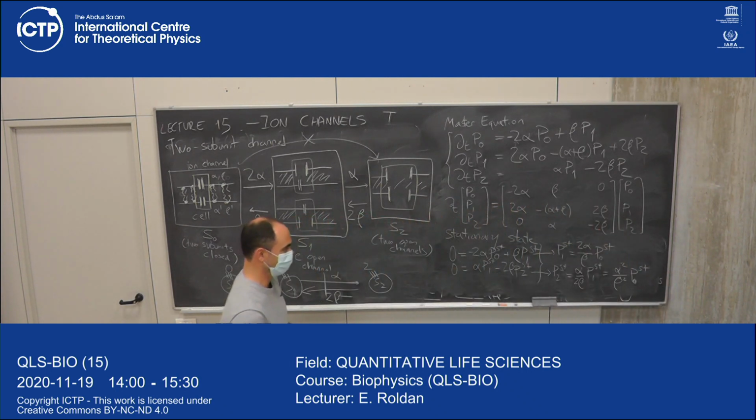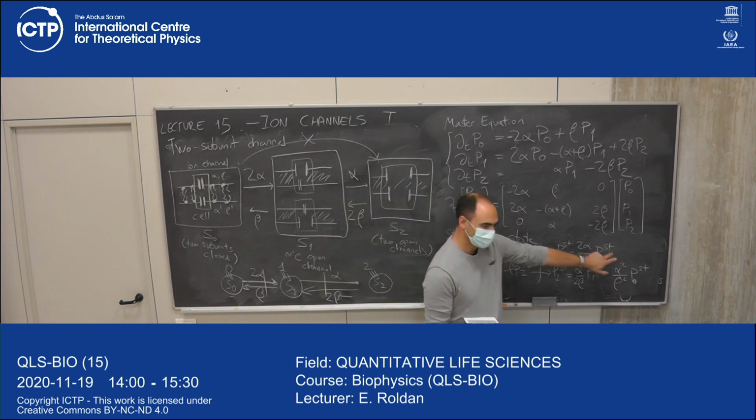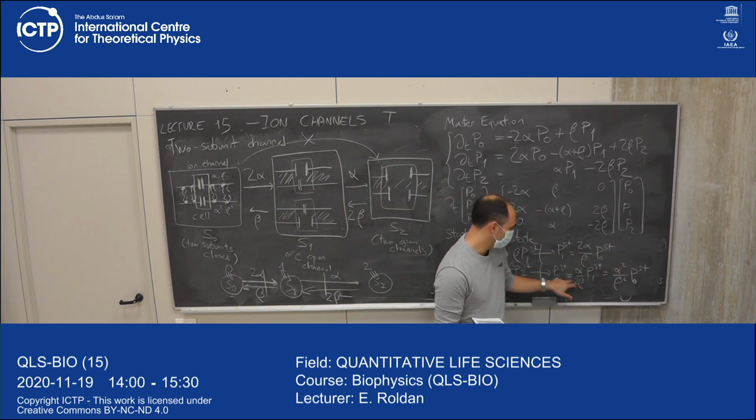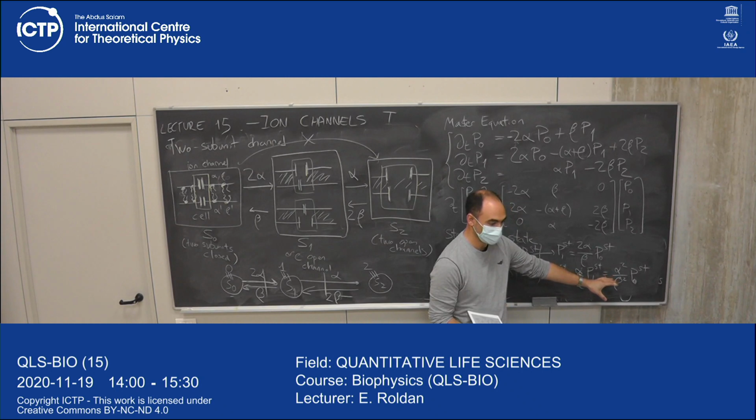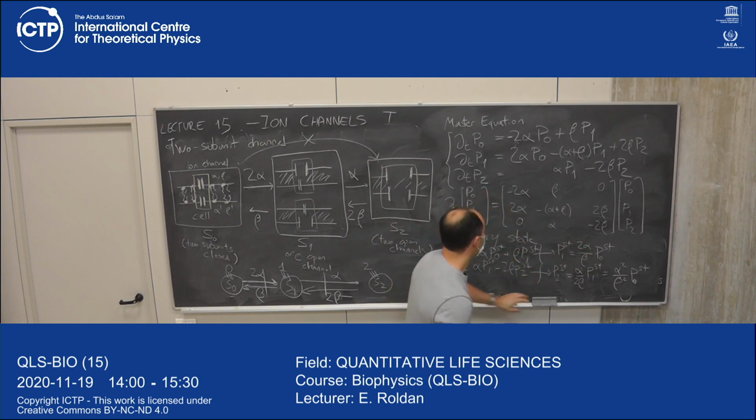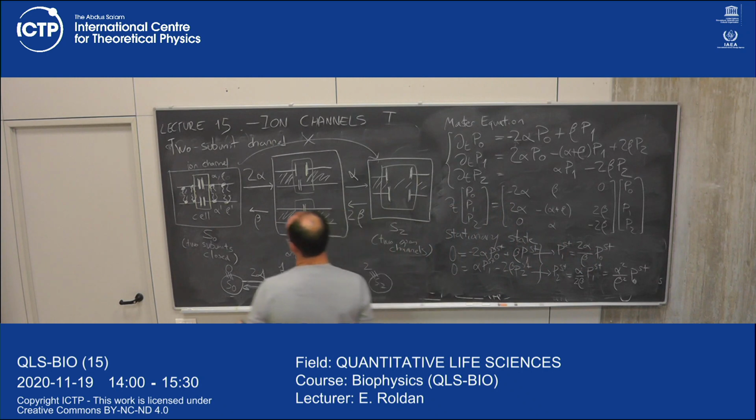So I get P1 in terms of P0, P2 in terms of P0, and then I have the normalization constant condition: P1 plus P2 plus P0 equals 1. So if I continue.